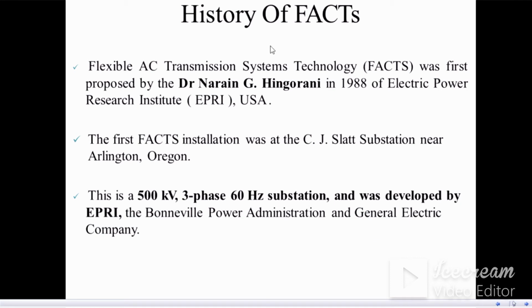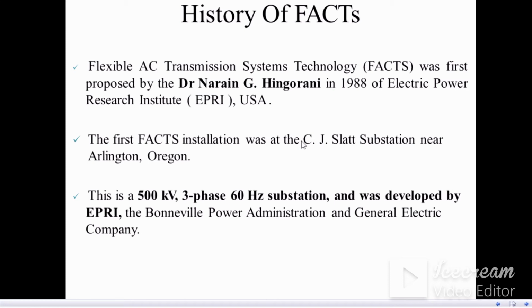Let's look into the history of FACTS. The flexible AC transmission technology was first proposed by Dr. Naren Hingorani in 1988 of Electric Power Research Institute in USA. The first FACTS installation was at the Slatt substation near Arlington, Oregon.